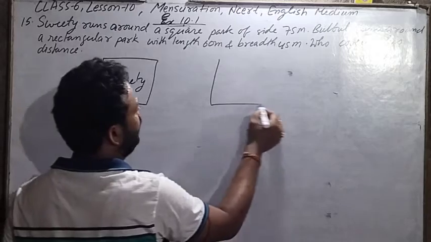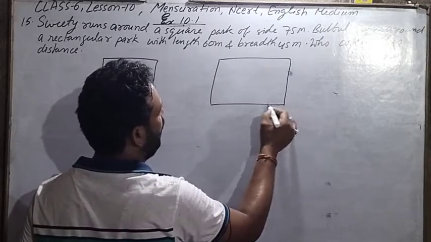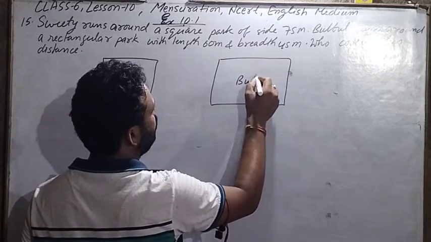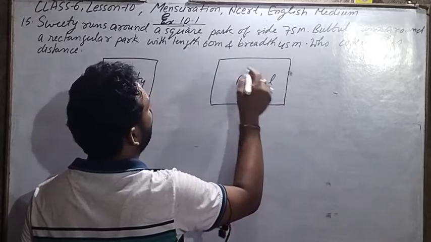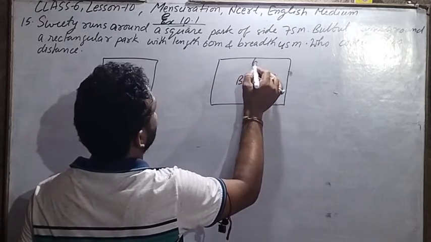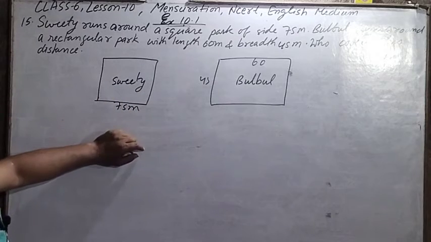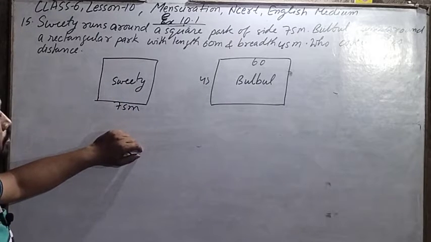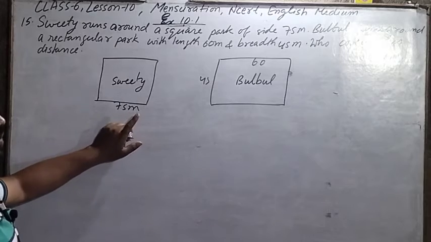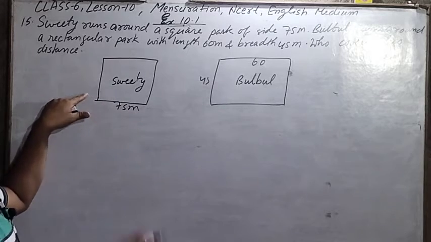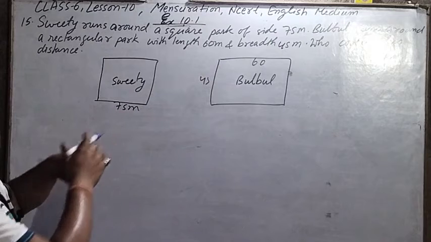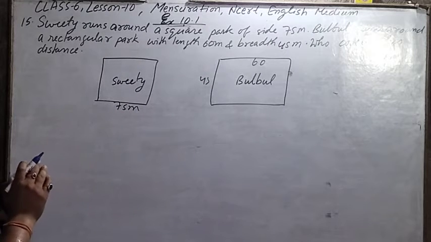And Bulbul is running around a rectangular park of length 60 meter and breadth 45 meter. Question is asked who covers less distance. So for finding the distance we have to find the perimeter of these two figures.